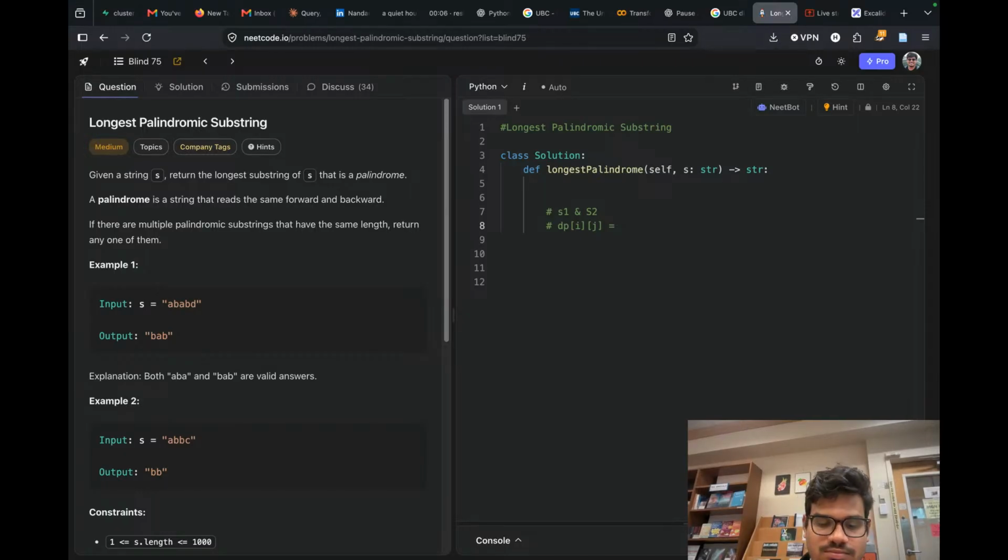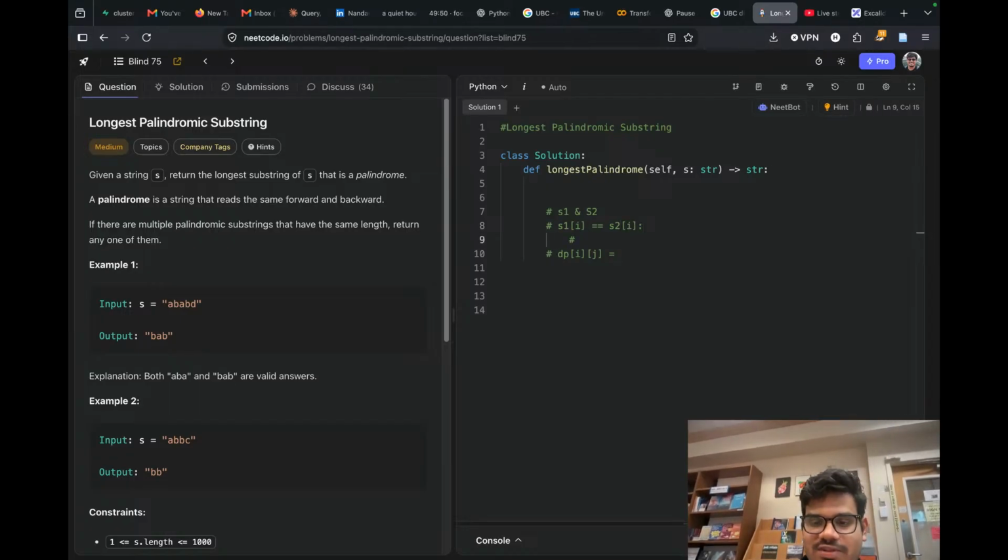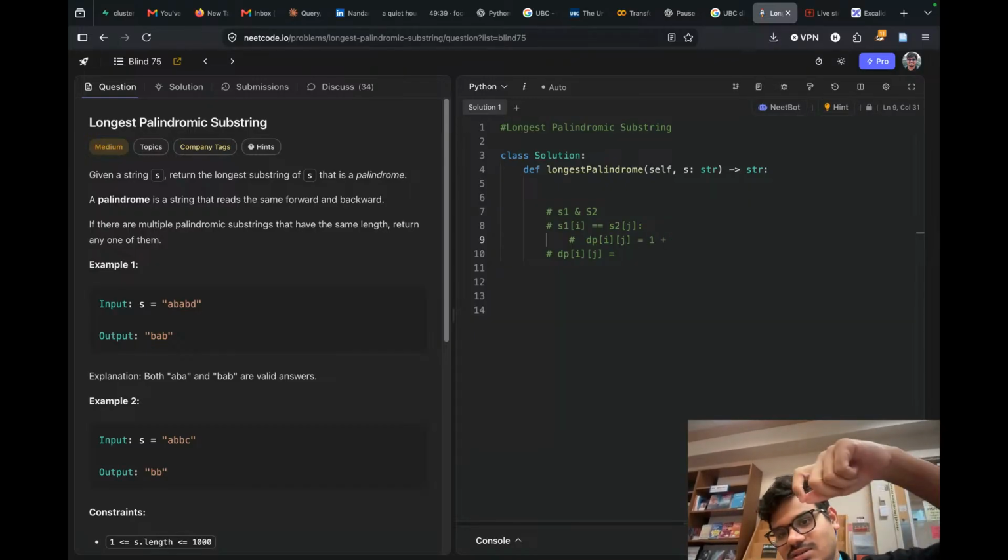If they are the same, meaning that s1 i is equal to s2 j, then there is a subsequence part, right? So dp i j will be equal to, obviously, 1 plus, because if we are taking that subsequence as a part of our answer, then it will be the max that we'll get in i minus 1 and j minus 1.